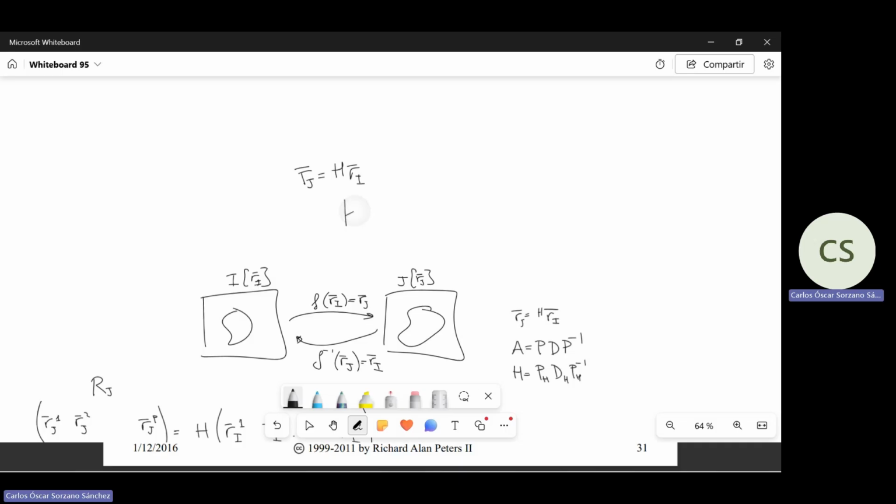The kind of H matrices that perform rotations are these kind of matrices. It doesn't matter, but just to be consistent with the slides. These matrices apply rotations, and they have a property that the determinant of H is 1.